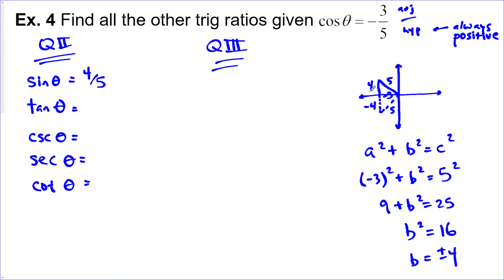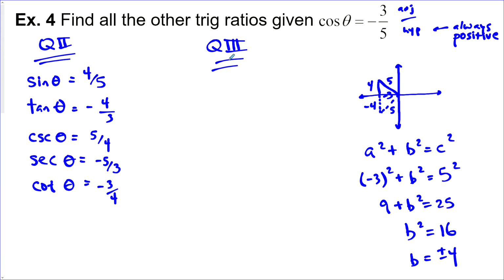Tan, opposite over adjacent. Cosecant, it's the reciprocal of that one. Secant is the reciprocal of cos, so it's the reciprocal of this one that was given in the question. And cotangent is the reciprocal of tan, so the reciprocal of that one.